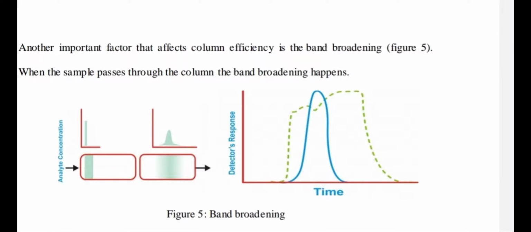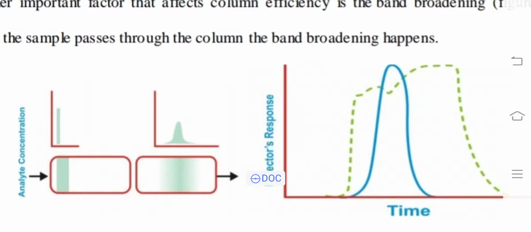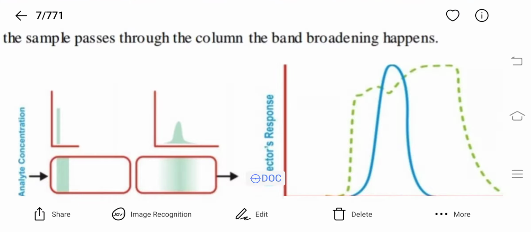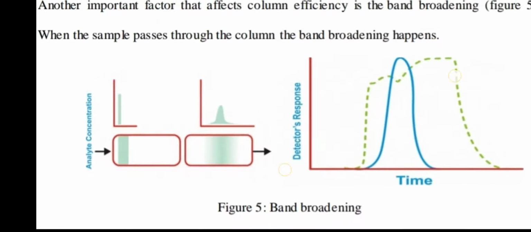Now, band broadening. We can see that a clean peak is there, a clean band is there, and we can see that this band has been broadened.